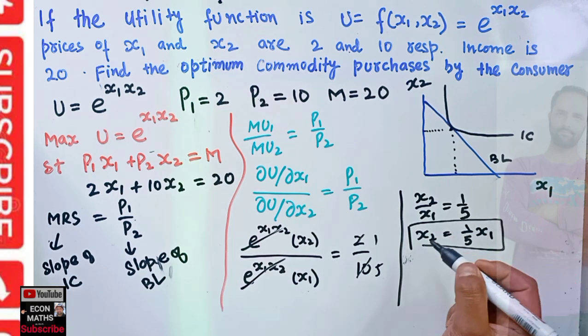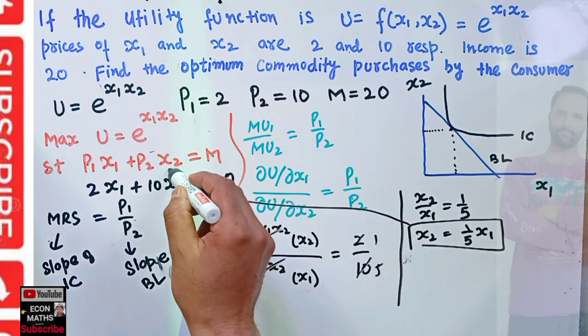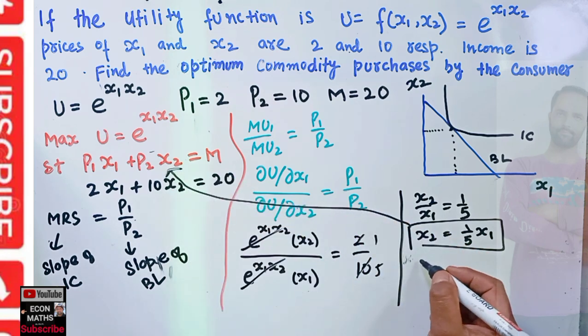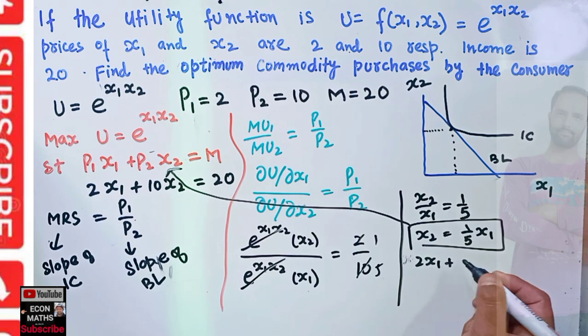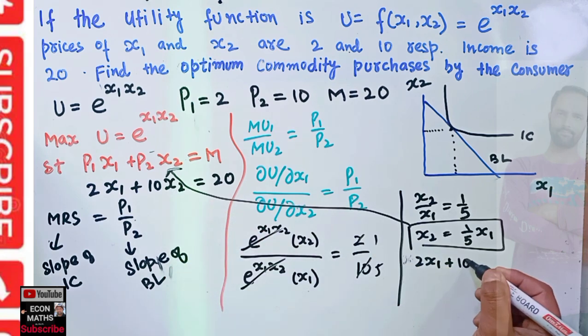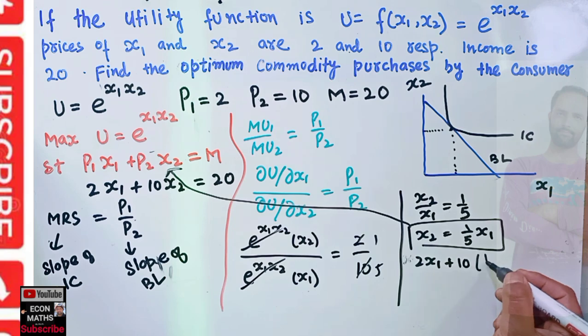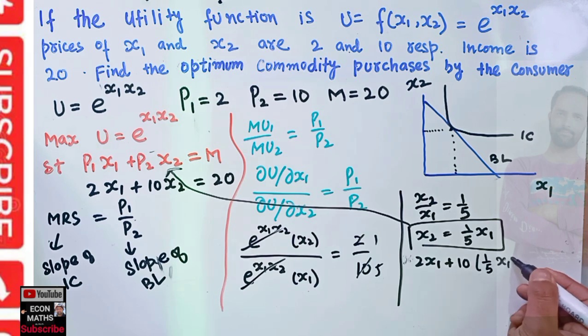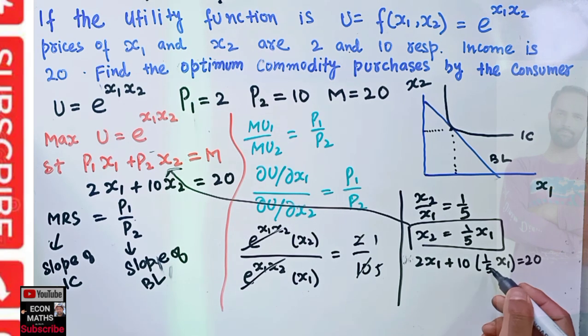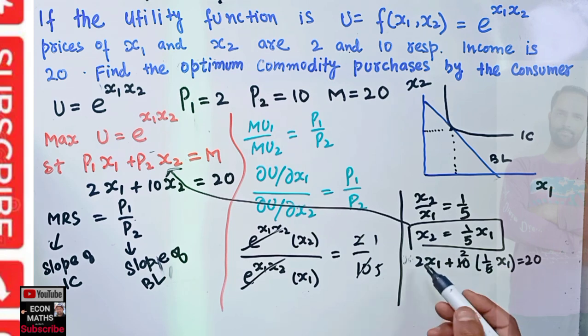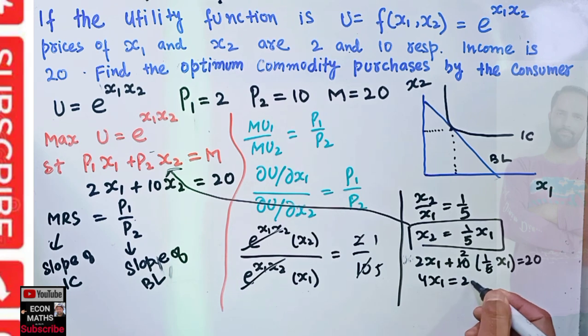Simply plug this value into the budget constraint. We have 2x1 plus, in place of x2, 1 upon 5 x1, equal to 20. So 5 ones are 5, 2 fives are 10, so we have 2x1 plus 2x1, this is 4x1 equal to 20, which implies x1 is equal to 20 upon 4, which is 5.